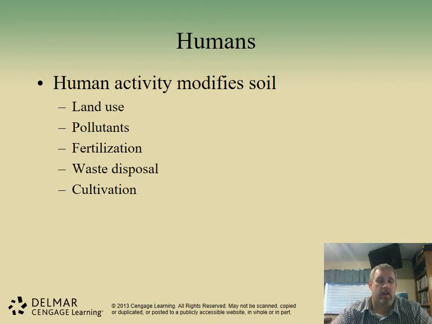And this kind of comes in when we talk about land use, and cultivation is a huge one. We talked about the Dust Bowl, we talked about plowing and having those soils turned and turned and turned and continually used. Well, that's not good for soil. Soil likes to have its defined layers. Soil likes to be in its horizons, and it really wants to be left alone.